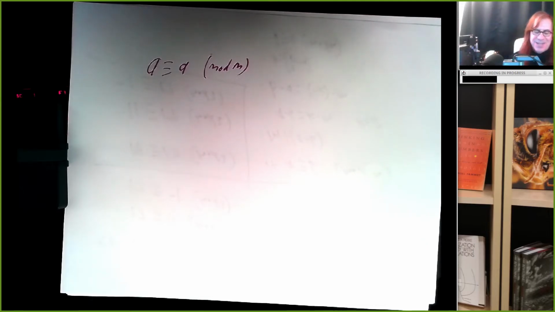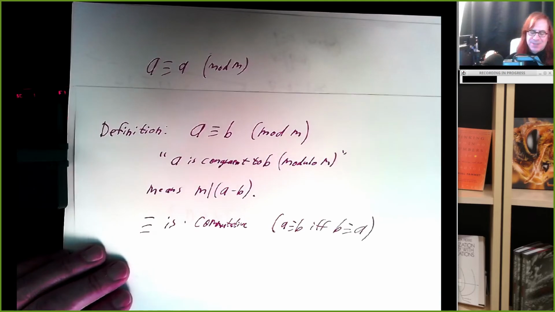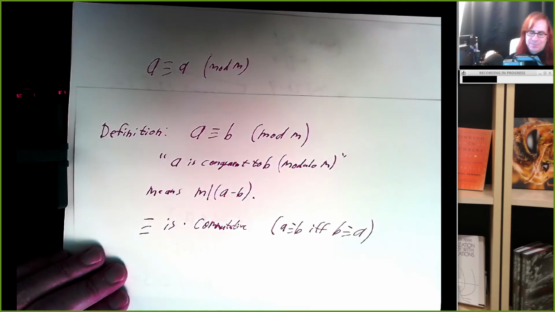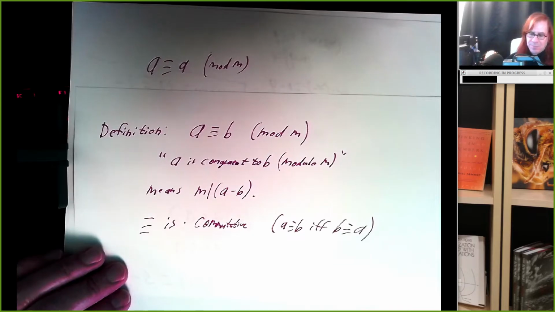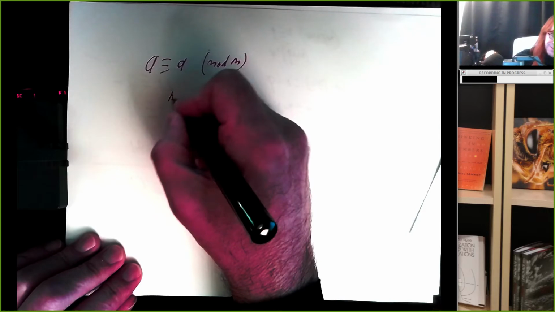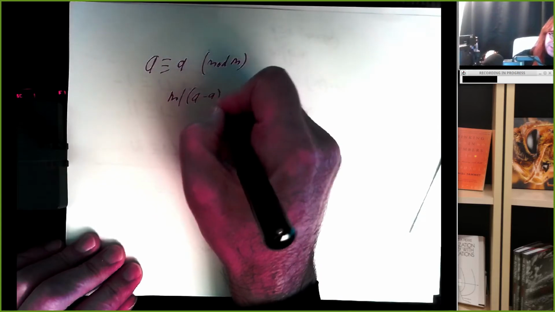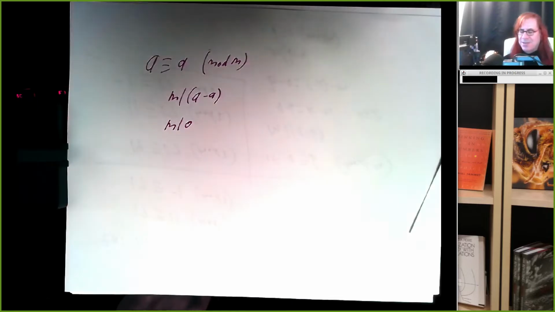How could we show that? What does it mean if we say a is congruent to a? What does our definition say? I don't know. I just know that a minus a would be 0. Yeah. So this says m divides a minus a, which is the same as m divides 0. Well, it turns out every positive integer divides 0.